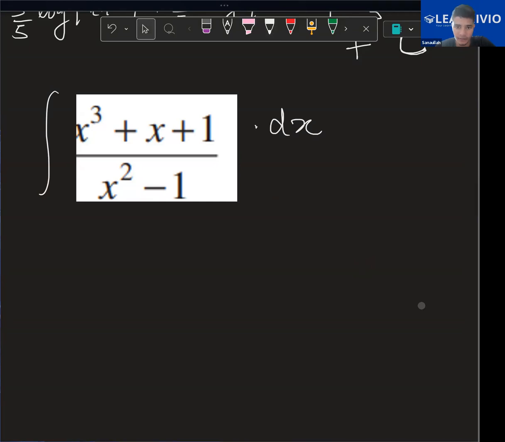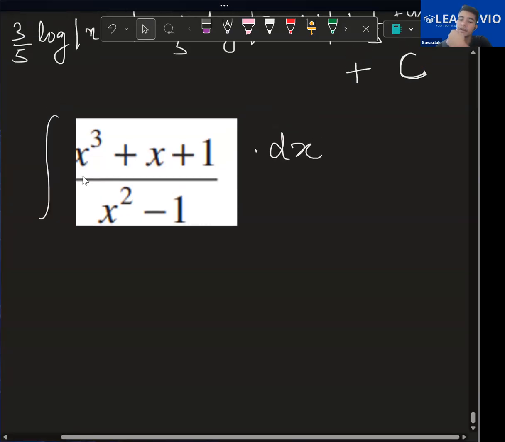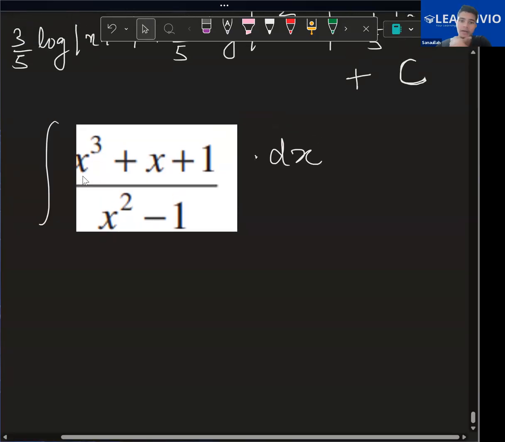Can you do like this? Whatever we did in the partial fraction form. Can I use directly partial fraction? Like I can write this x square minus 1 as x minus 1 and x plus 1.